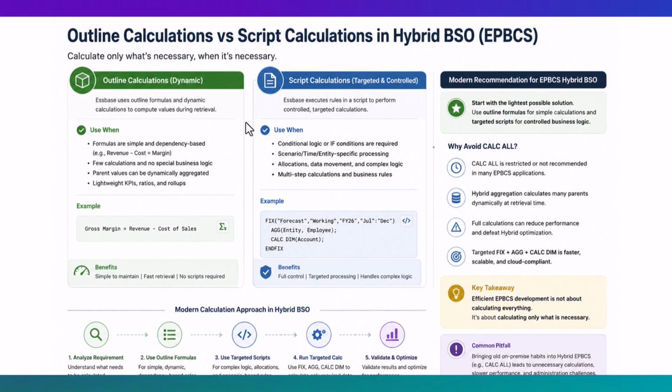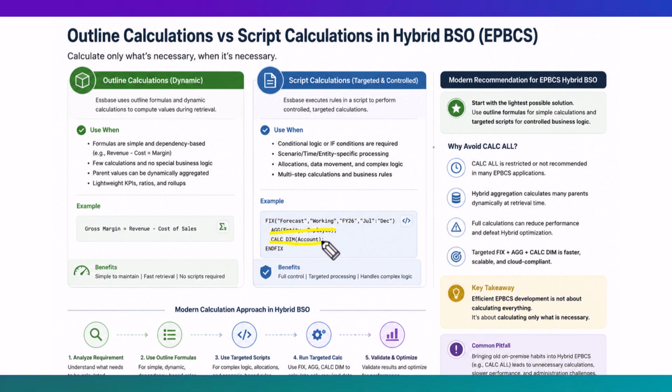For example, we can use a FIX statement and give a target combination so that it calculates only for the forecast, working version, for a specific year and from which period to which period. This is the forecast period as per this example. And we write a calculation below the FIX, where we are aggregating the entity and employee dimensions, and CALCDIM, which will calculate all the account dimensions.